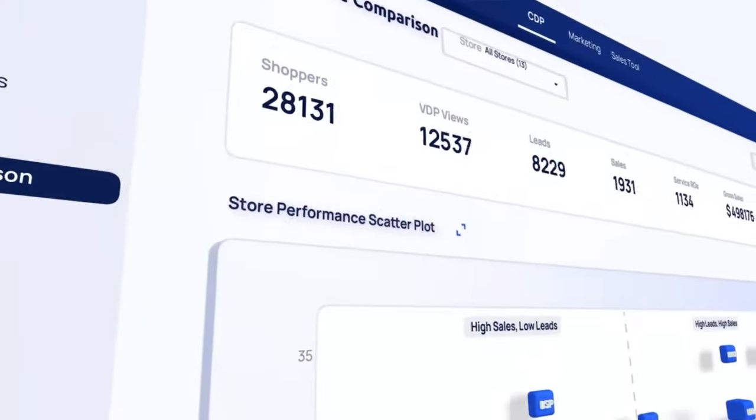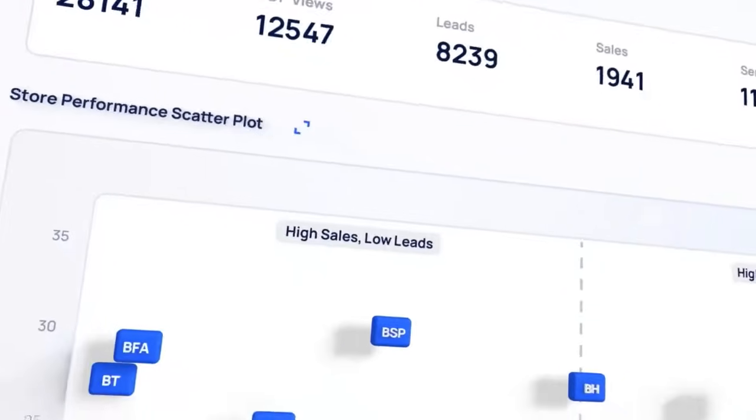Yes. So I think one of the things that's really cool is that we're unveiling a little bit more business intelligence into the CDP. The core element of the CDP is to organize and structure your first party data. The second thing is, what can we extrapolate from that data? So I can look at my total first party data, how many of those customers are actively shopping, and also how many leads we have.